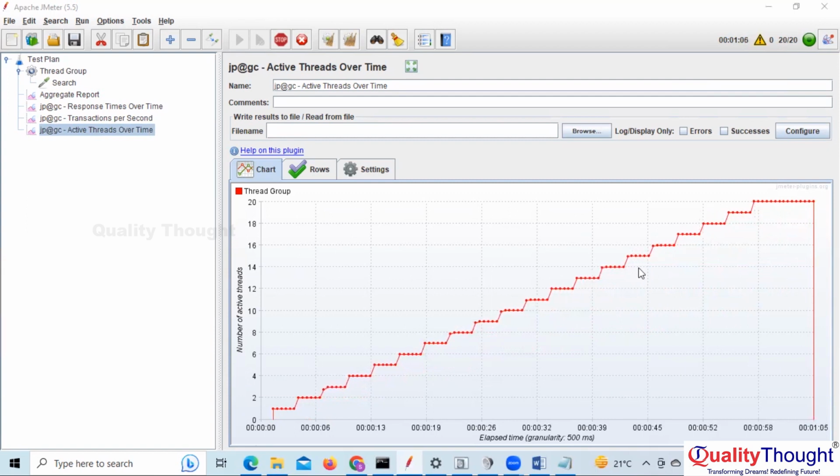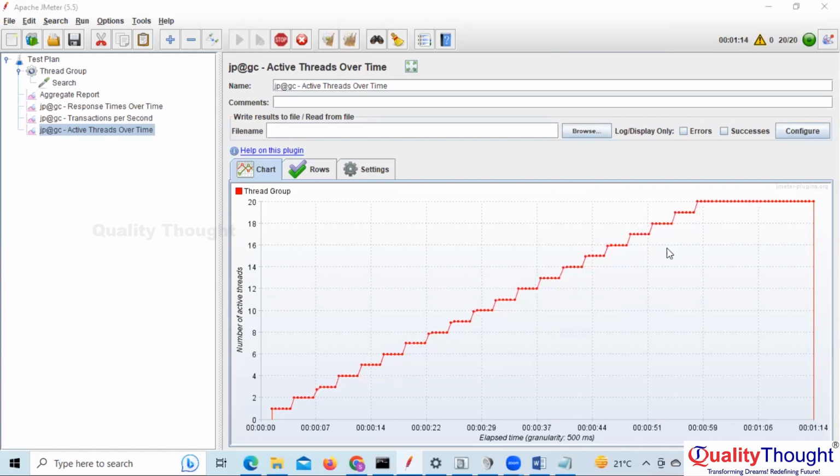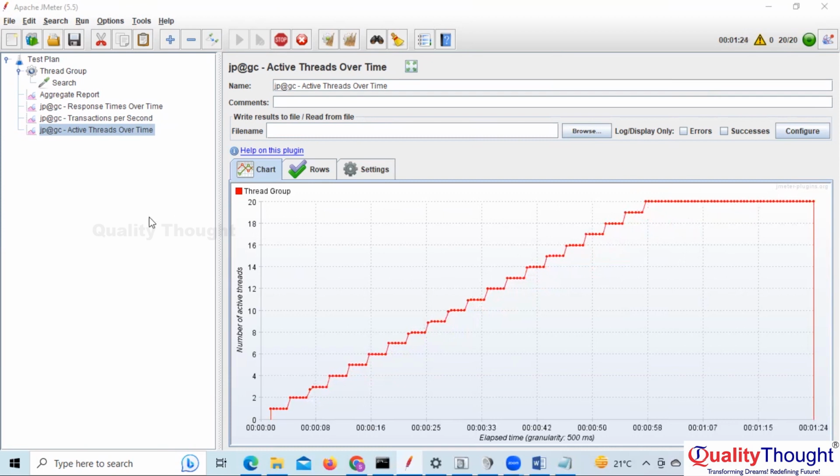So it reached 20, and look at this graph. How long did it take to reach 20? Around 60 seconds, around 1 minute, right? And that's how it is ramping up. After that, it will run for 5 minutes.